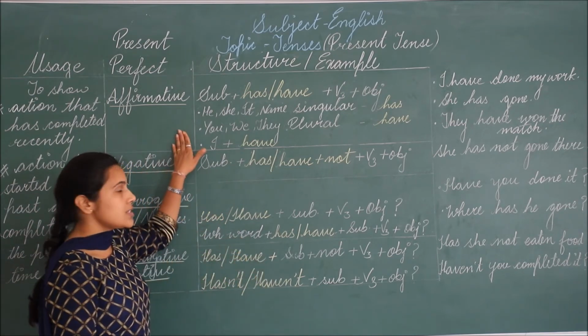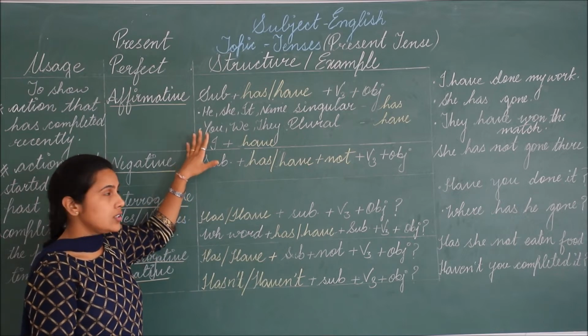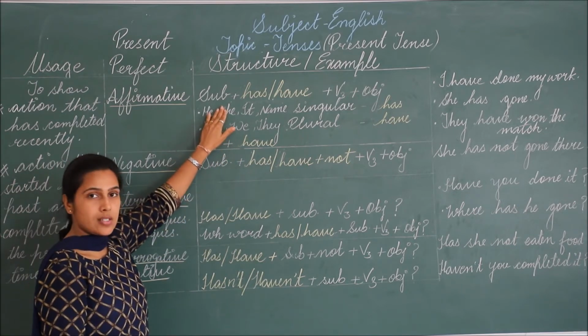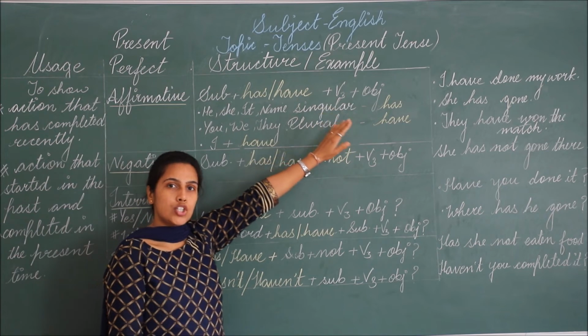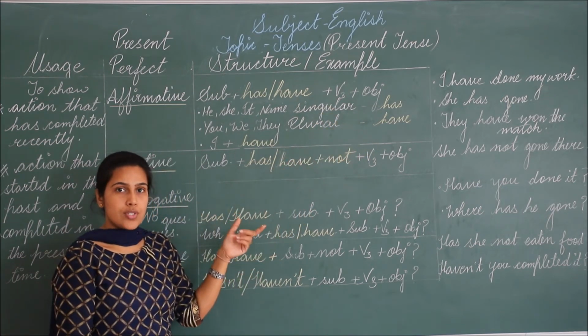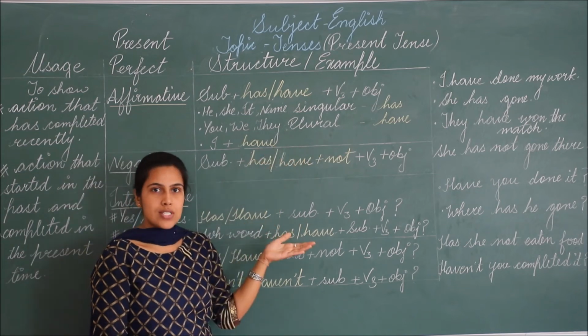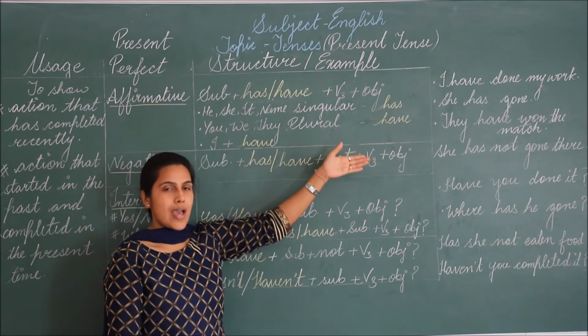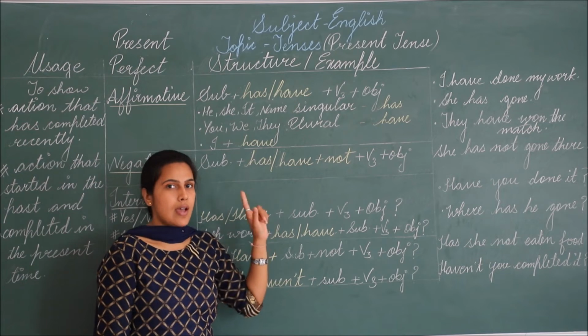Then first, in affirmative sentence we learn this structure as subject, has or have, then the third form of the verb and object. With singular subject we use helping verb has, and with plural subject we use helping verb have, and with I we use have.